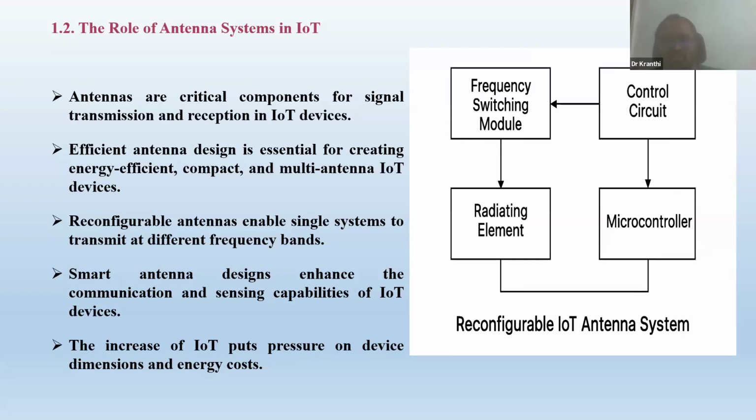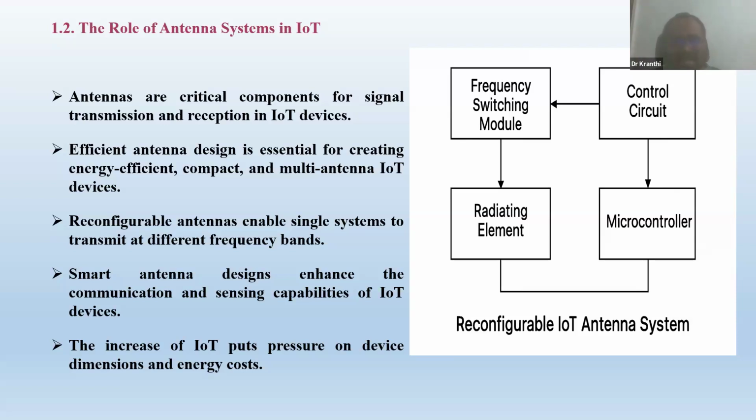Here, the frequency switching module is usually made from tuning components such as PIN diodes or varactors, and a control circuit with a microcontroller. I don't know much about these things, but the main working is that the microcontroller interprets the desired communication configuration and sends signals to the control circuit.